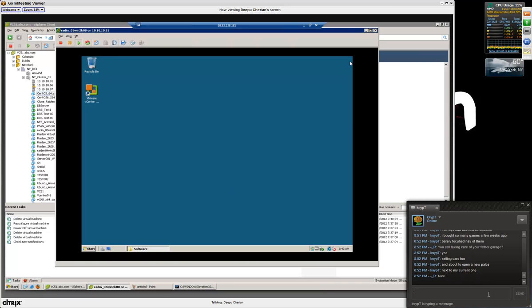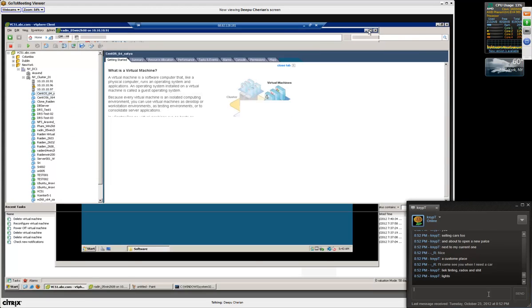I don't have any idea why it is crashing. So it used to work very well, and actually on this server it used to work very well. I don't know why it is crashing now.